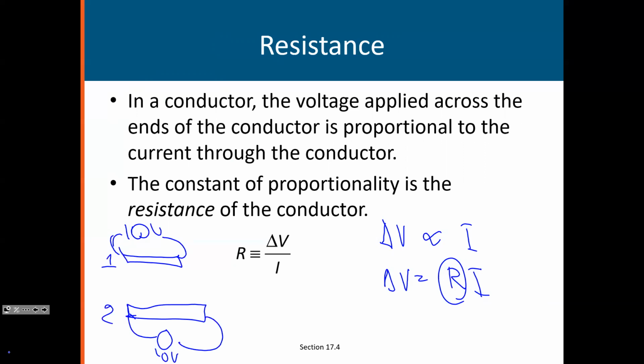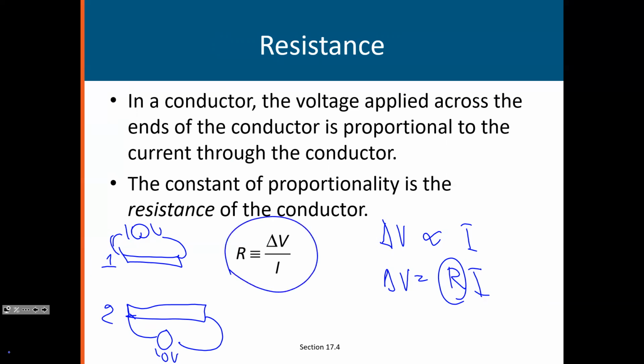Why? You can say wire 2 has more resistance. It doesn't allow so much charge to go. So wire 2, because the current is less, has more resistance. Wire 1, the current is more, so relatively it has smaller resistance. So that's what is happening here.